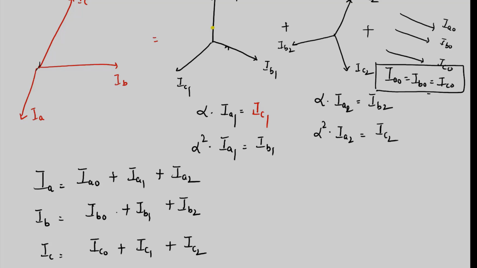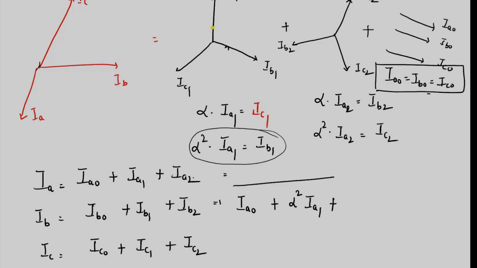Okay. So here, the same things I can write it as IB naught is same as IA naught. IB1, from this relationship, I can write it as alpha square IA1.